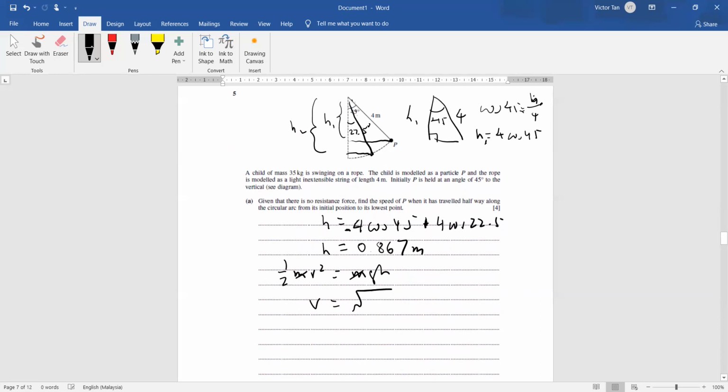V equals the square root of 2gh, square root of 2 times 10 times 0.867. So 4.16 meters per second. That's it.